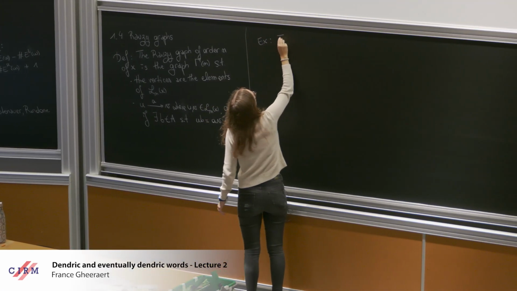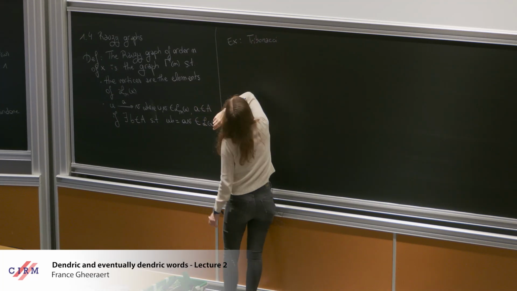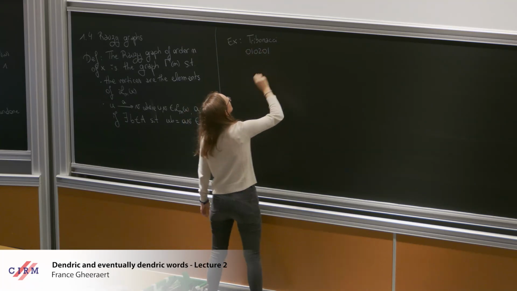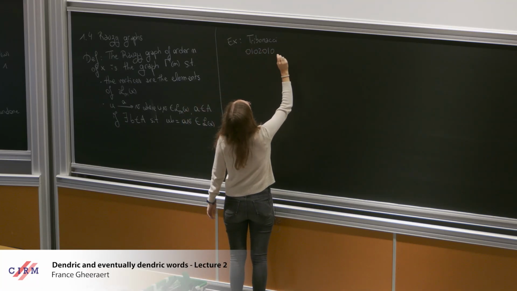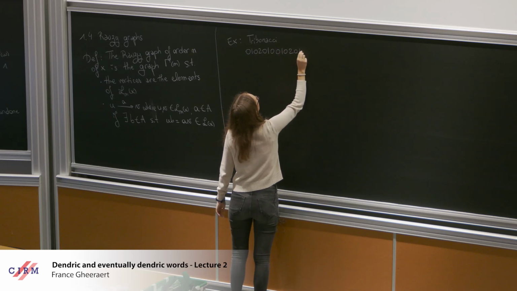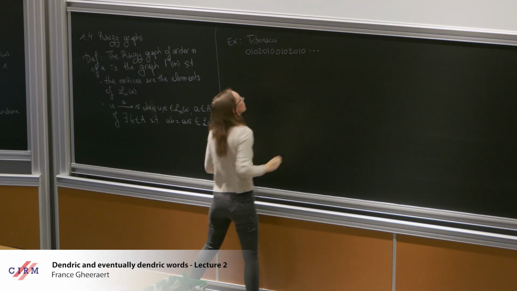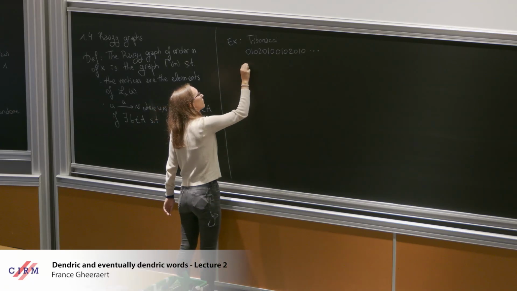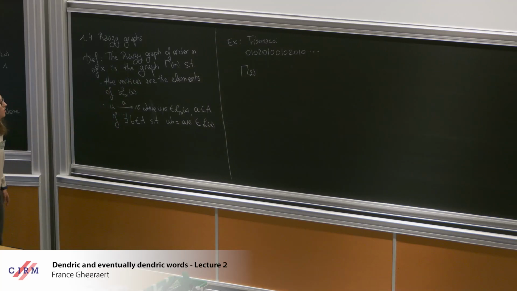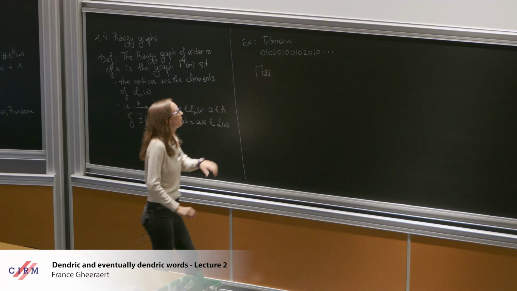So I will take my favorite example, which is Fibonacci. So it's 0, 1, 0, 2, 0, 1, 0, and then again, something like that, and so on. Okay. So what happens if I want to do the rosy graph of order 2? Well, for the vertices, I'll have to take the words of length 2 that appear.